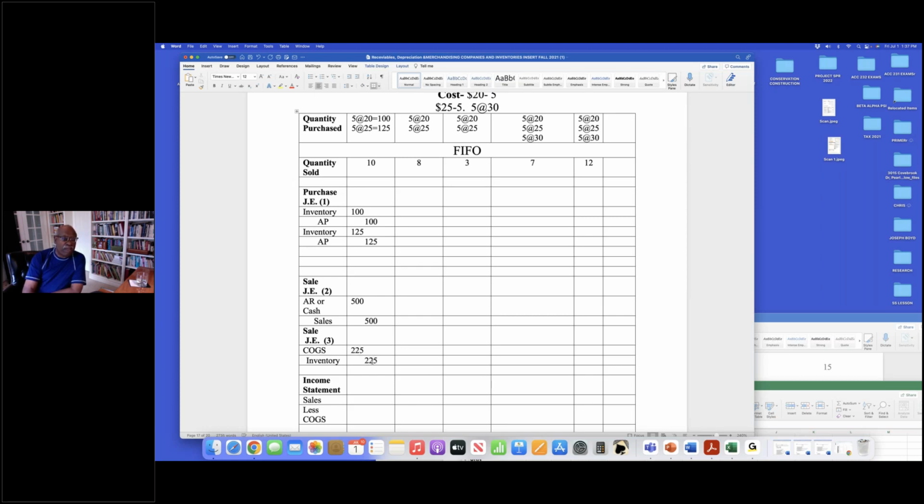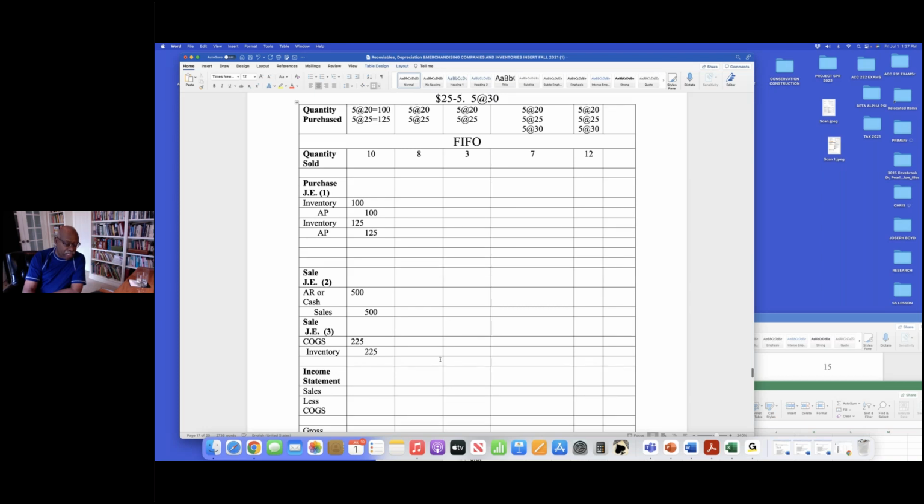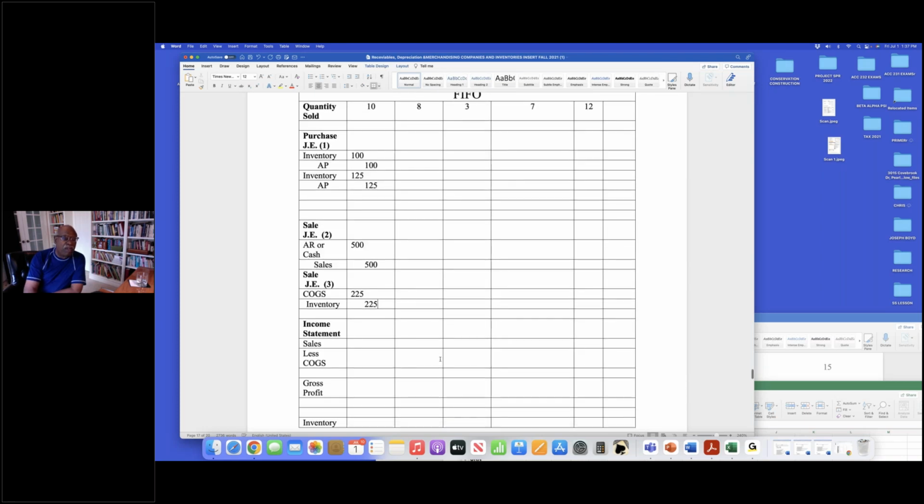So on the income statement now, we have sales of 500, cost of goods sold of 225. So our gross profit would be 275. Any questions? Do we see that one, Stalwart?